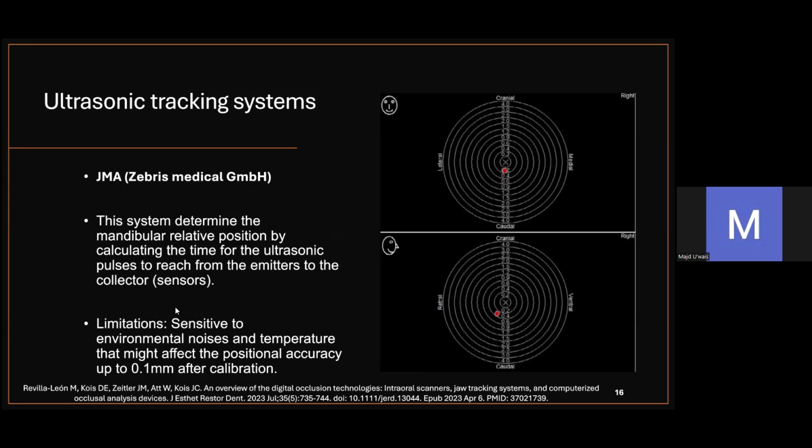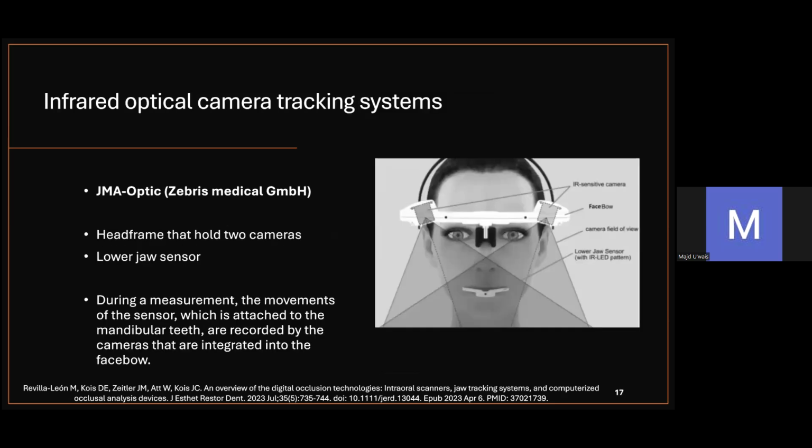The limitation of this system is the sensitivity to environmental noises and temperature that might affect the positional accuracy up to 0.1 millimeter after calibration. Second example, infrared optical camera tracking system.